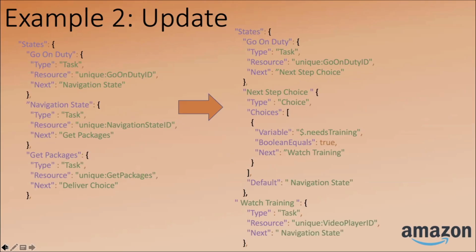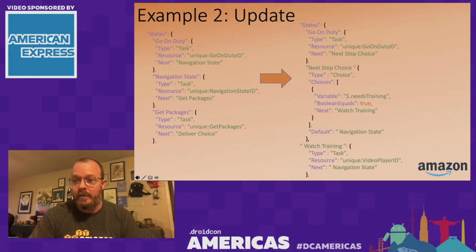We can now deliver this particular JSON blob, this state machine, to the app from the back end. Perhaps we mark a certain set of customers in a certain region and go like, I want all these people to try out this training video. And we're going to get some metrics off of it to see if it works. We just alter the state machine, push that down as you log in, and then that new state machine gets run by the state machine interpreter. And we've made no code changes, but we've fundamentally changed the flow of the app itself.